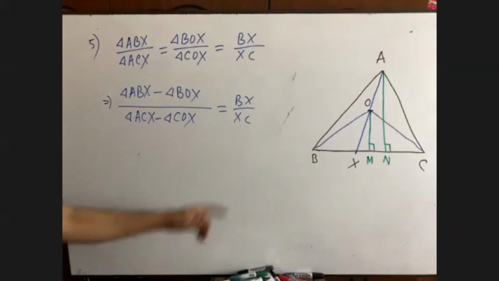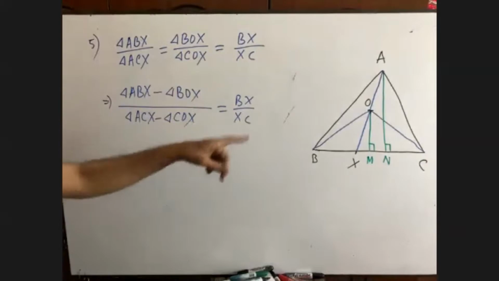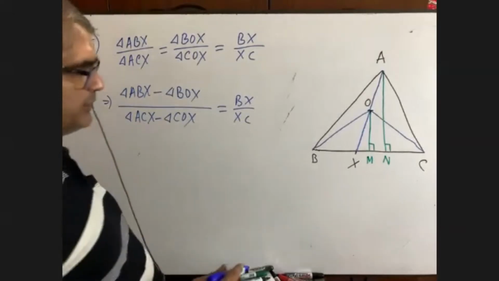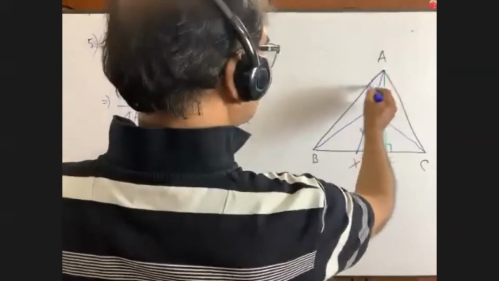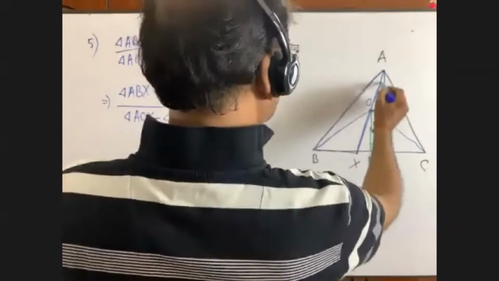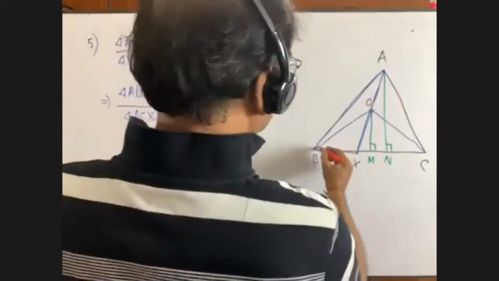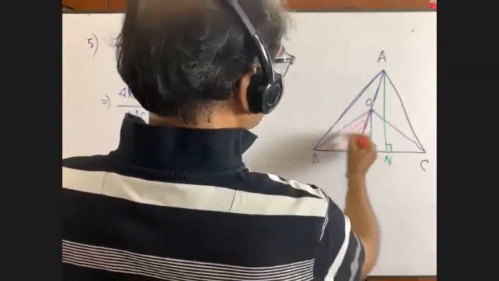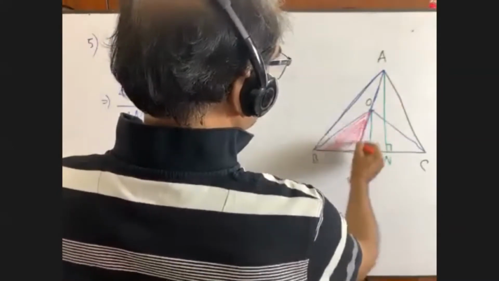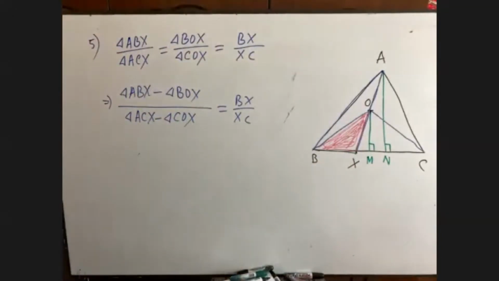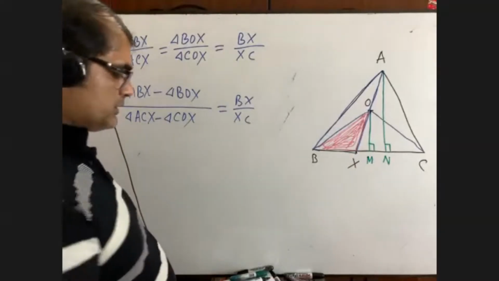Now, please look at the figure. ABX minus BOX equals what? If we subtract BOX from ABX, what are we left with?